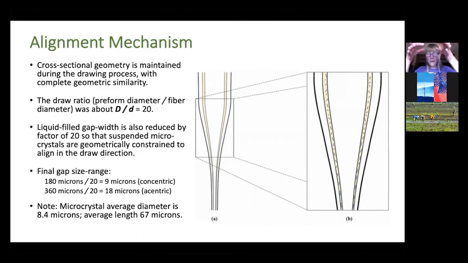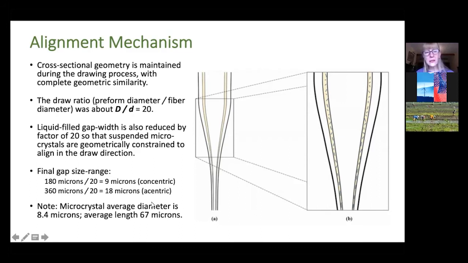And you're reducing, if you think about the radius of curvature as you go from the preform to the fiber, you're reducing that radius again by a factor of 20, and that constrains the orientation. So of course, the small scale structures are free to be in any azimuthal position, but typically you'll have the small scale structures at various positions with regard to the azimuthal coordinate. And so what that tends to do is it gives you a fiber that tends to be concentric.